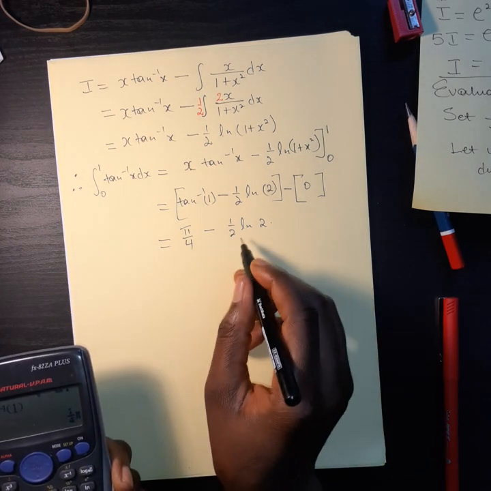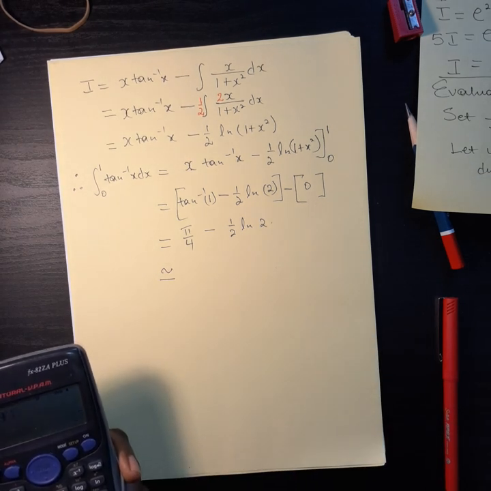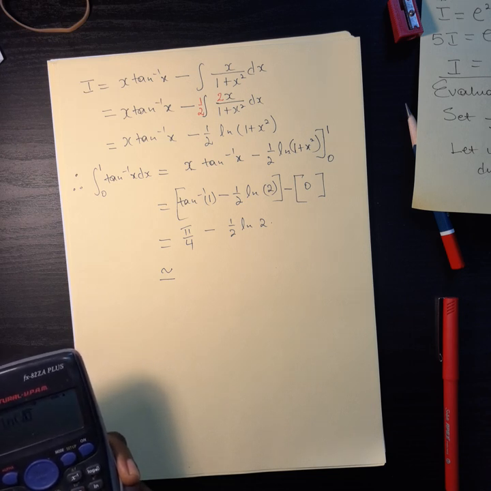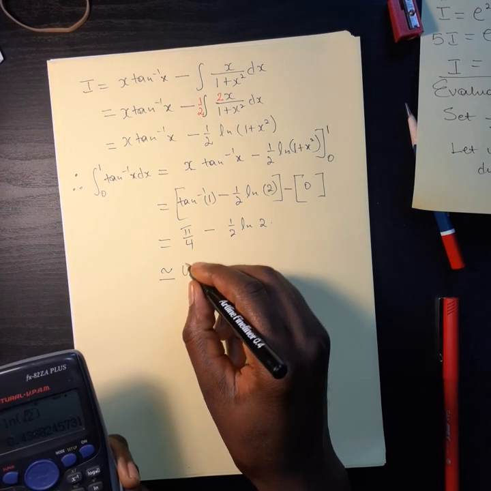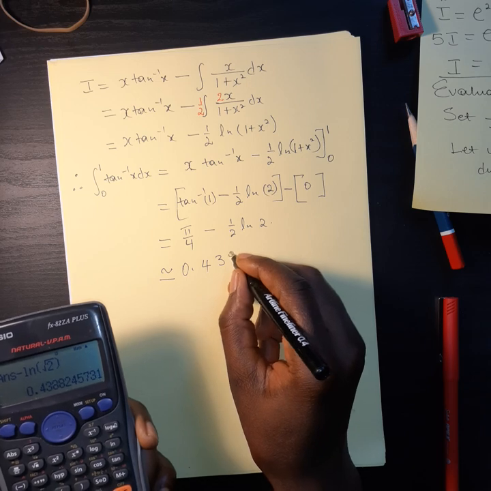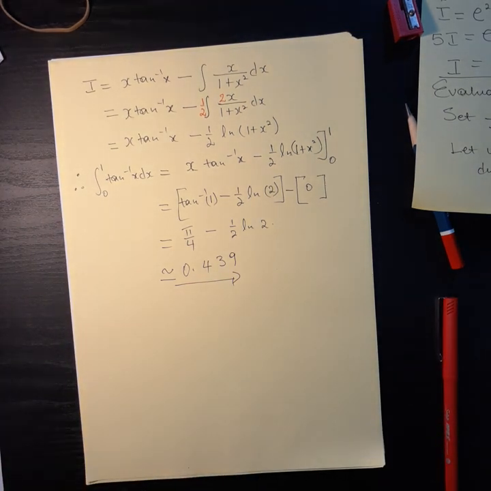So that is the case, which is approximately, okay, let us subtract the ln of square root of 2, close the brackets. We have approximately 0.439.